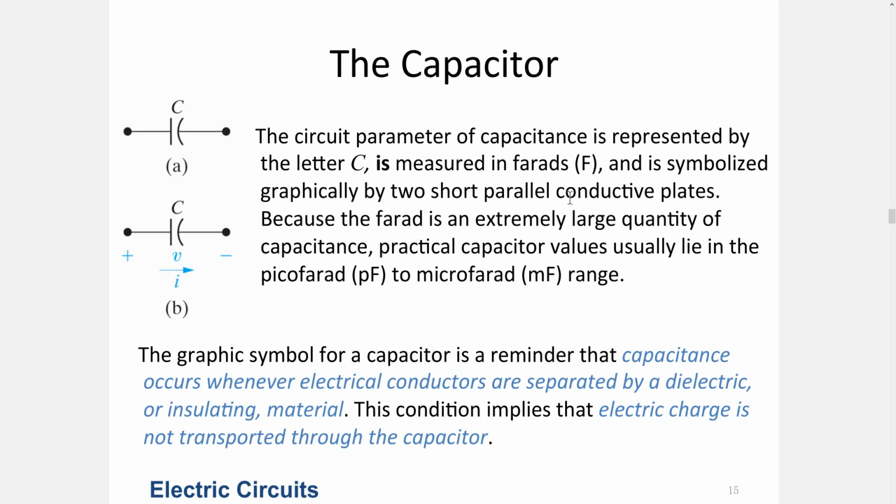These are called parasitic capacitances. They are not physical components, but they exist as a result of your design, or as a result of the physics, basically. So this condition implies electric charge is not transported through the capacitor. Okay, it's displaced, but basically it's an open circuit.